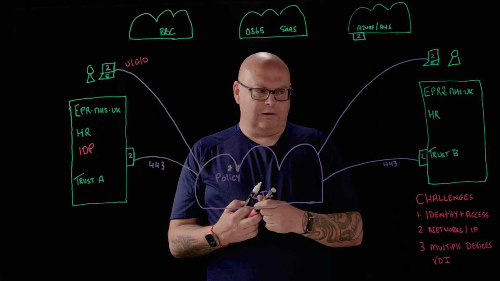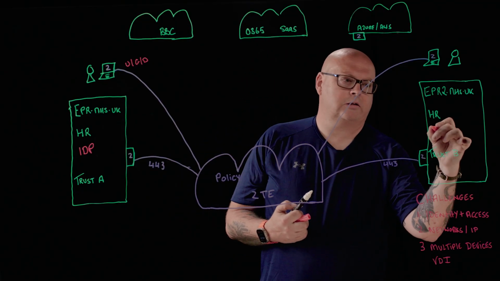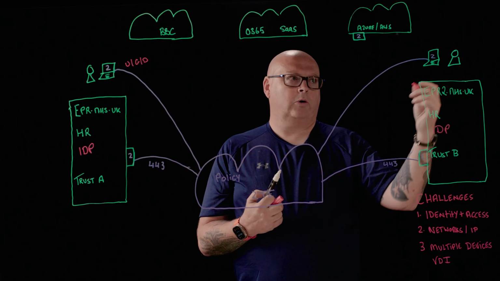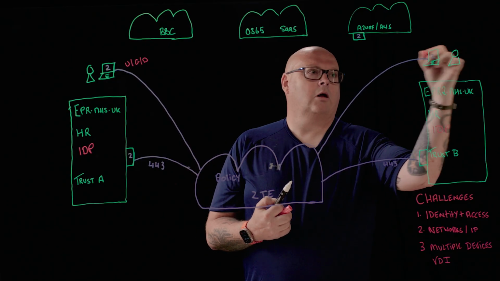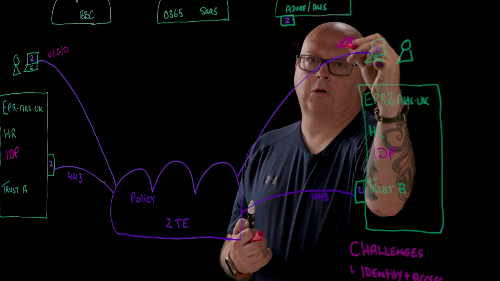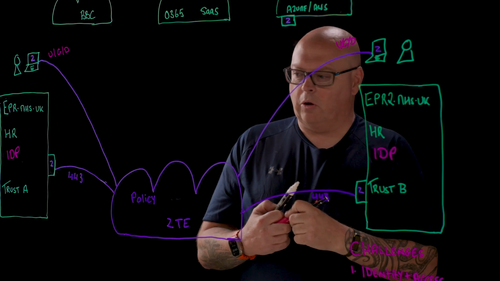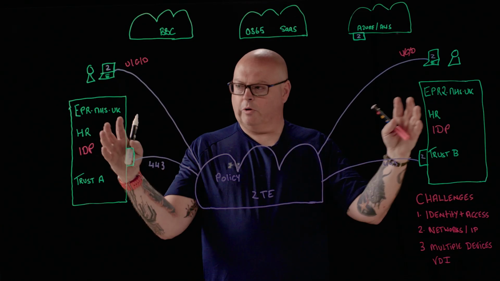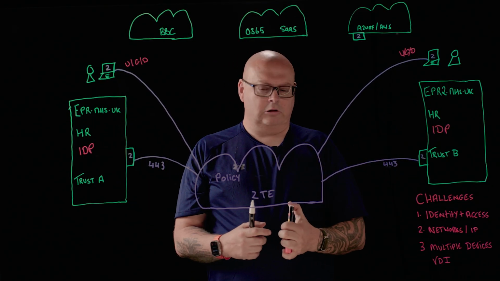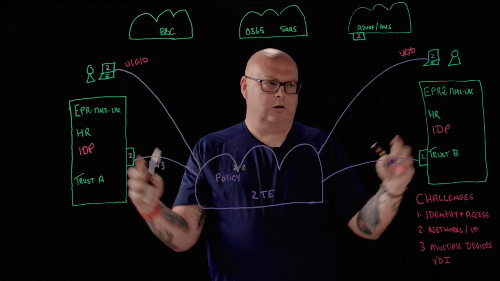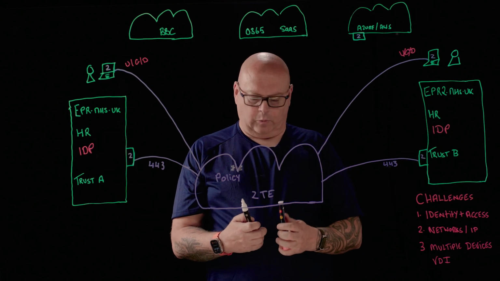And then we're going to integrate the identity provider of Trust B. And we will pull down again users, groups, and departments. And why is that important? Because now we've got one policy, but we've got two unique sets of users that can now share resources across both of these applications. Really, really simply.